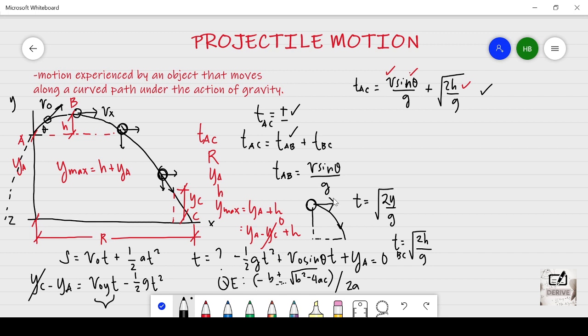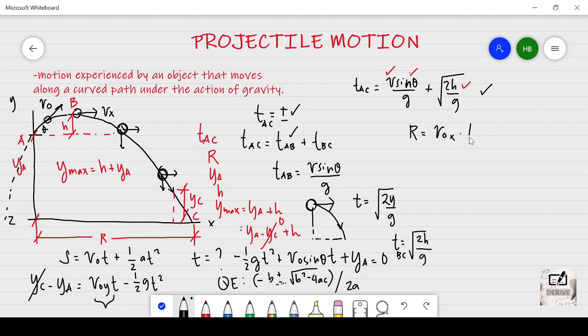Okay, so ano naman ang pupuntahan nating sunod? So punta naman tayo, proceed tayo sa R, horizontal distance R. So R, kagaya ng first and second equation, your horizontal velocity is constant throughout the path from point A to B, from point B to point C. So okay, you have your VOX again.